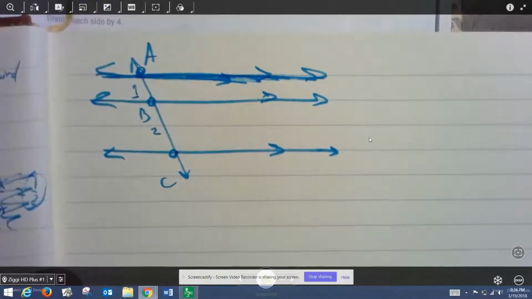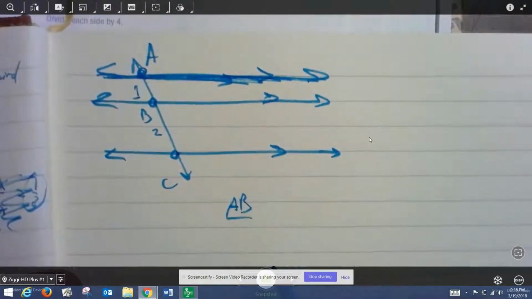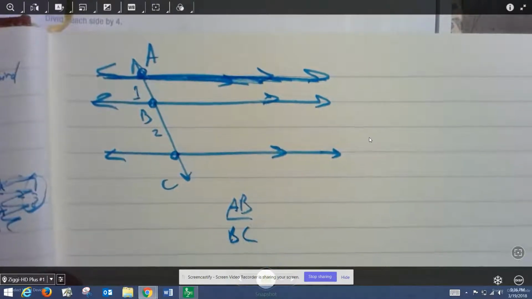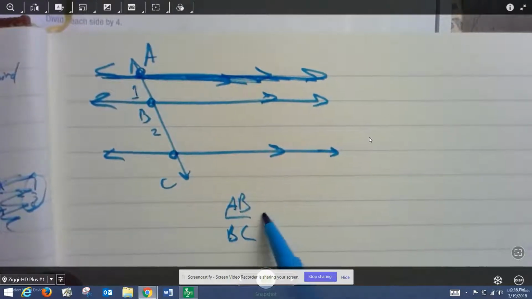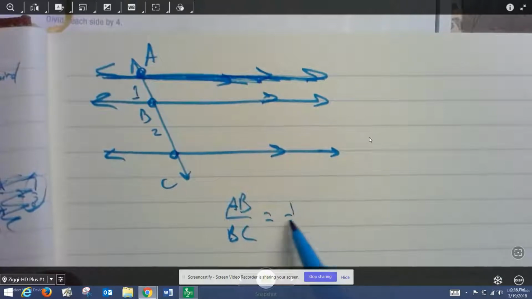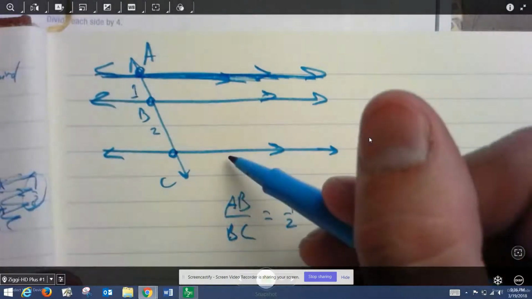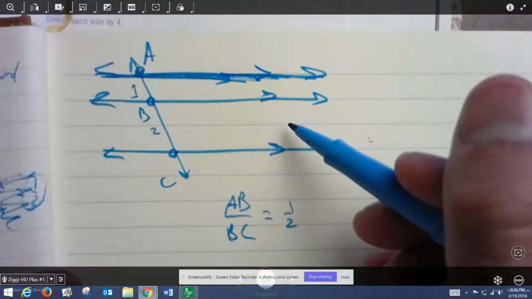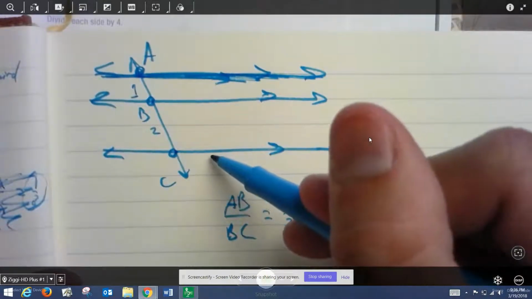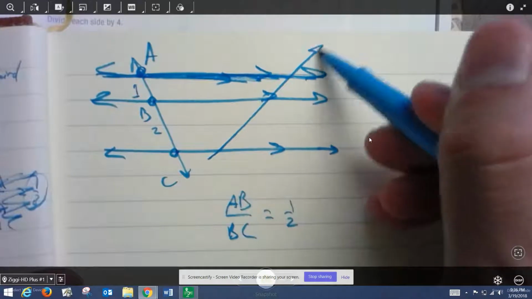So you can see if I made a ratio from AB to BC, I have a ratio of 1/2, right? Well, it does not matter for the other transversal. Let's do another transversal, going at a much steeper slope here.